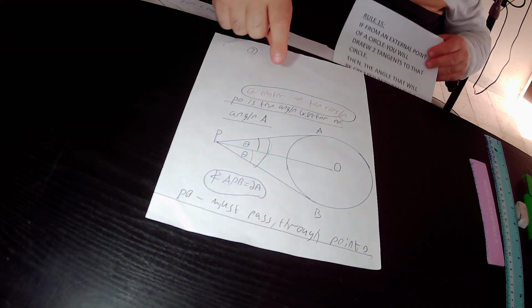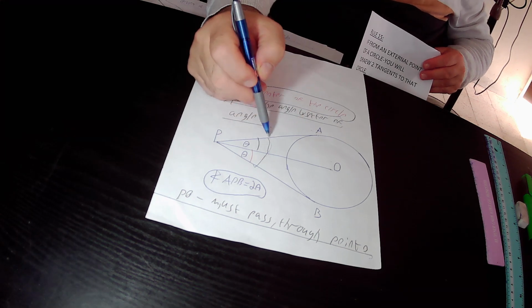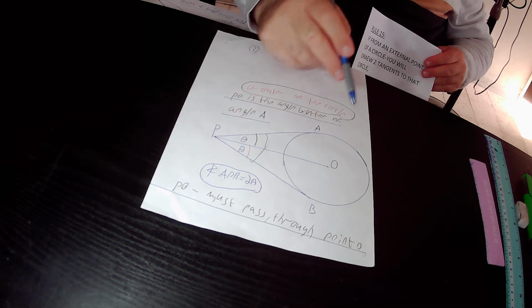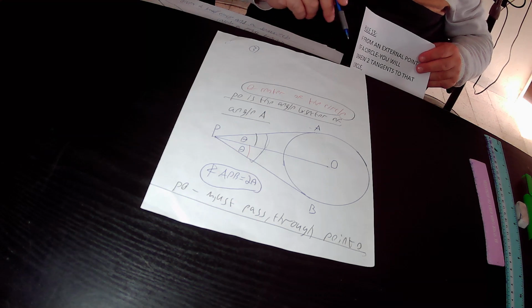So the angle bisector of this angle APB must pass through point O, that is the center of this circle.